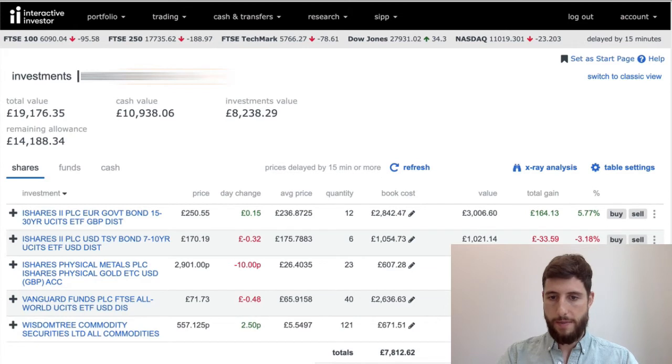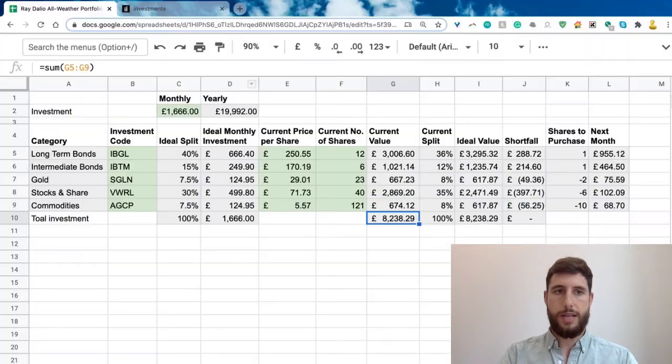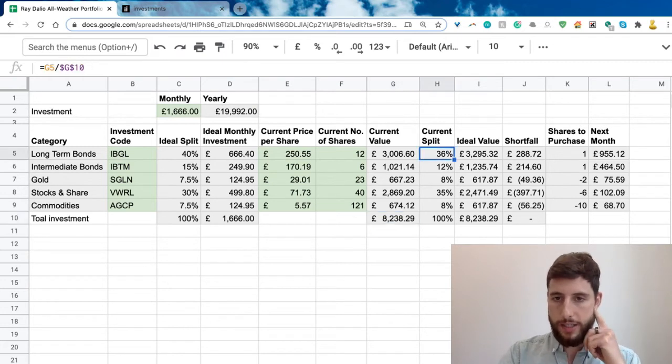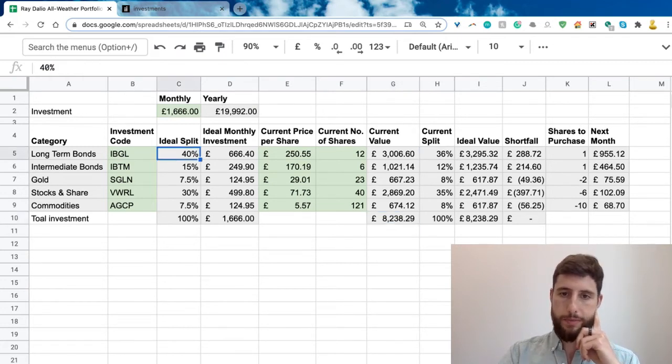So we can see that here, £8,238 total, £3,006 invested in this particular area. So that current split works out to be 36%, but we want 40%. So we've currently got less than we should have.